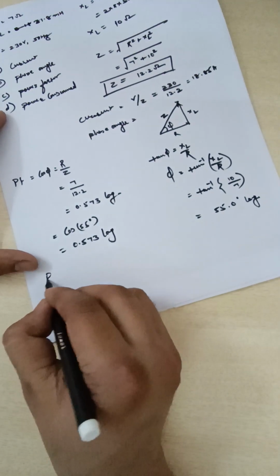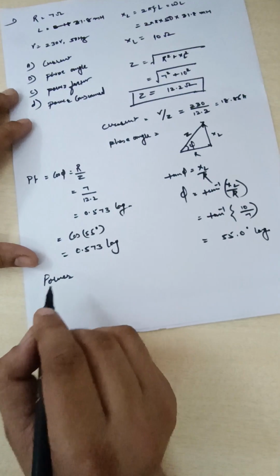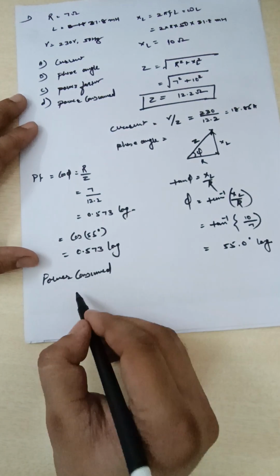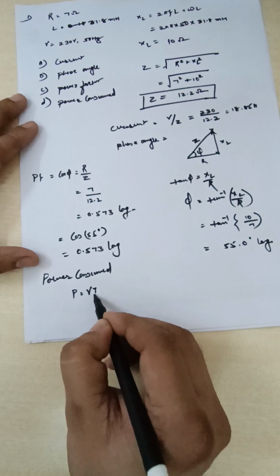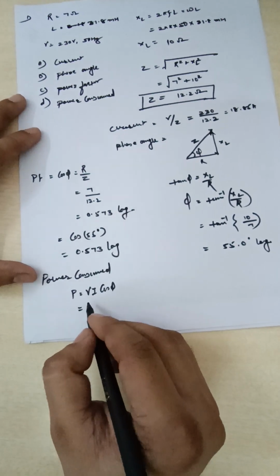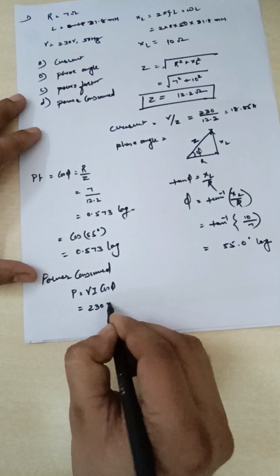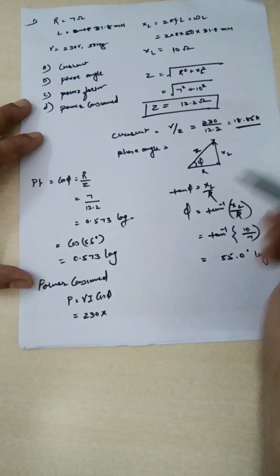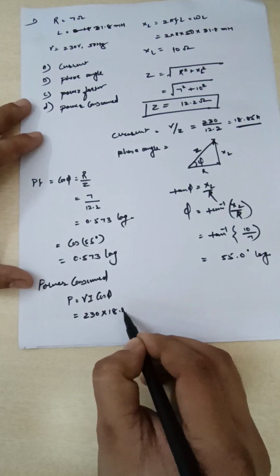Next is power consumed. So what will be the power consumed? P equal to V I cos phi. This is only the power that will get consumed. What is voltage? 230 volt. What is current? We have calculated the current, 18.85 ampere.